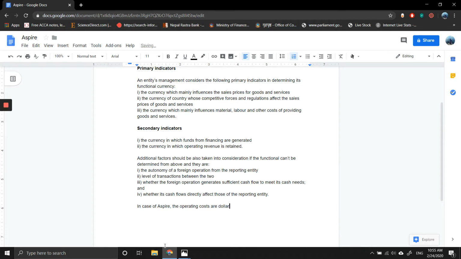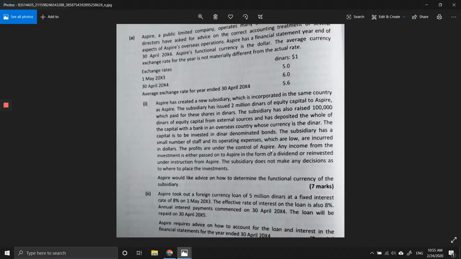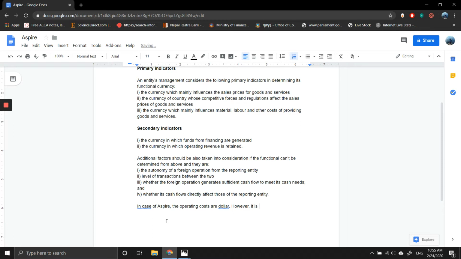The operating costs are low, however, they are not material to any decision as to the functional currency, so other factors should be taken into consideration.